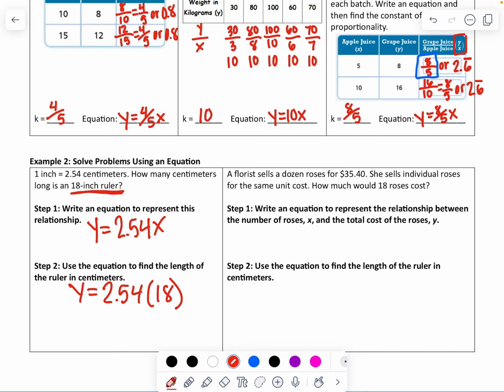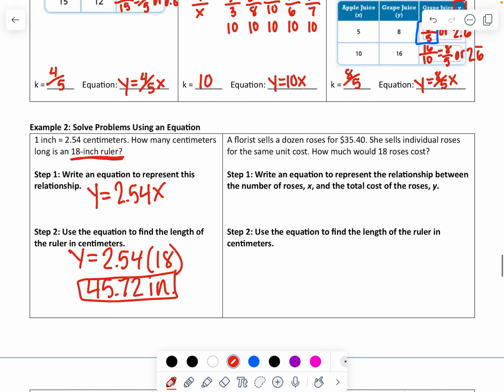We're plugging it in for x to figure out what y is. In my calculator, I'll do 2.54 times 18, and we get 45.72, and that would be what y equals.